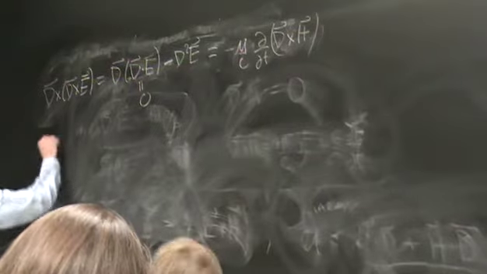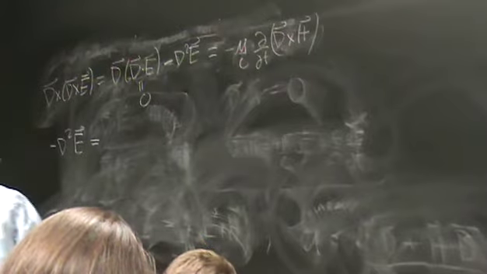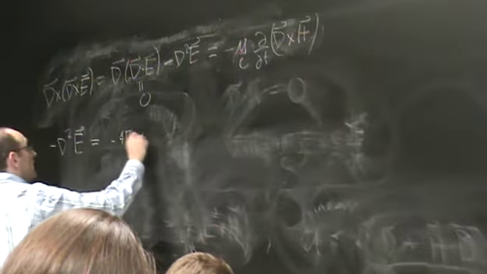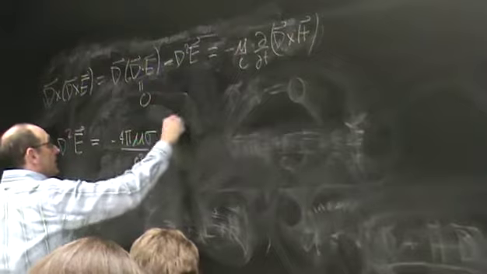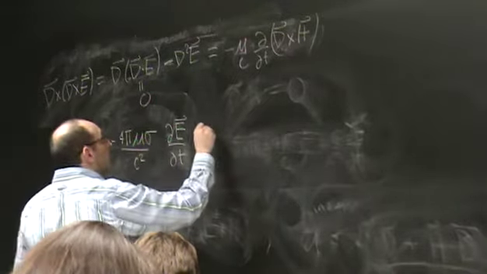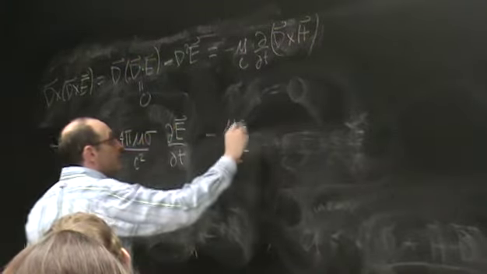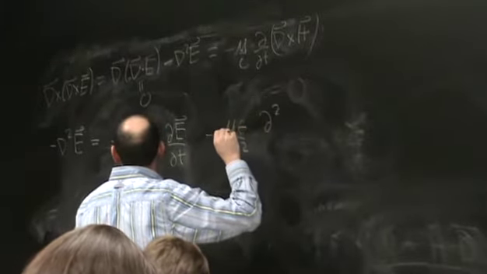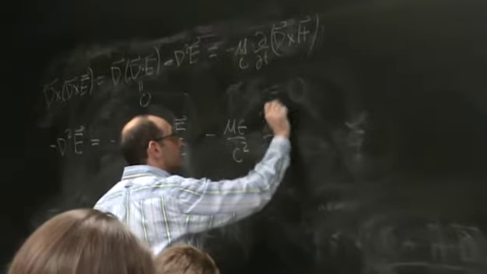We get minus the Laplacian of E is equal to minus 4 pi mu sigma over c squared d by dt of E minus mu epsilon over c squared d squared by dt squared of E.